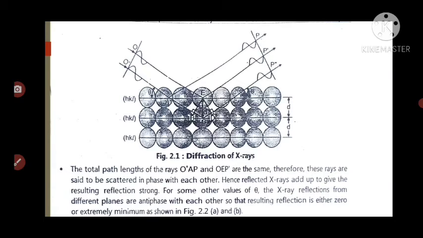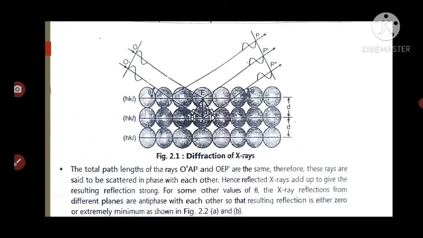For the incident light wave, which is reflected or diffracted or scattered, the total path length is considered as O prime, A and P.